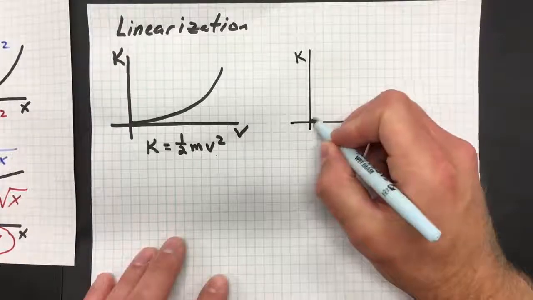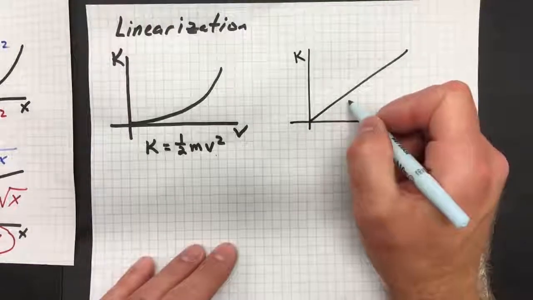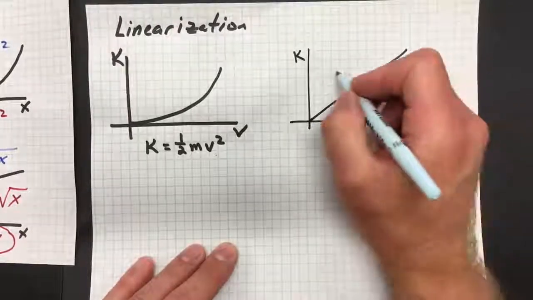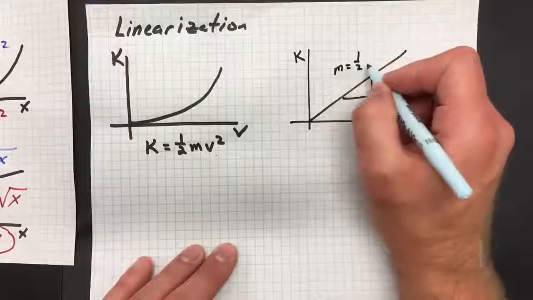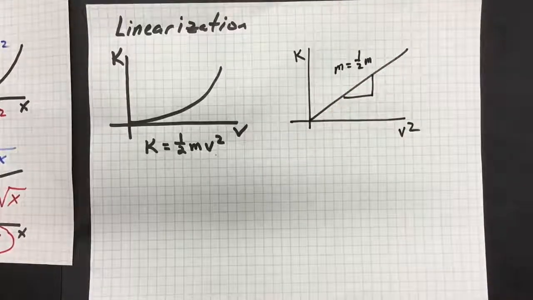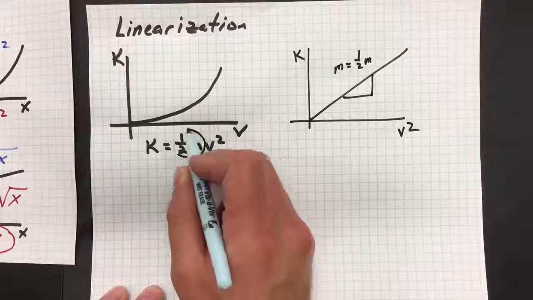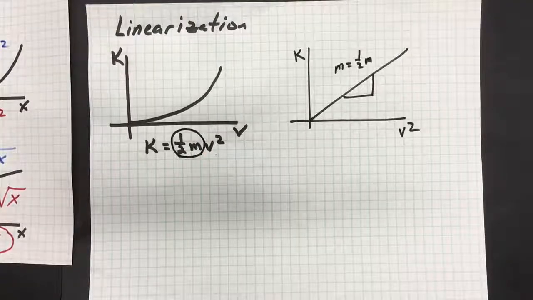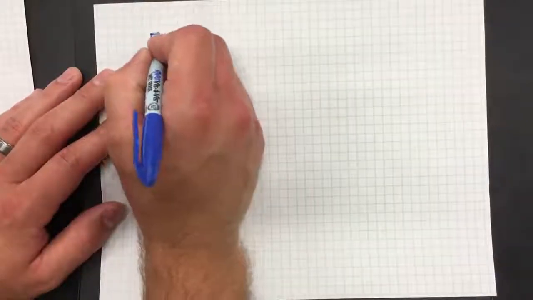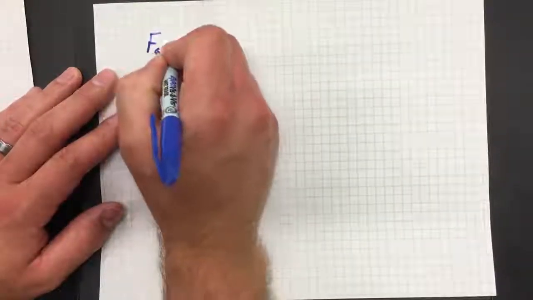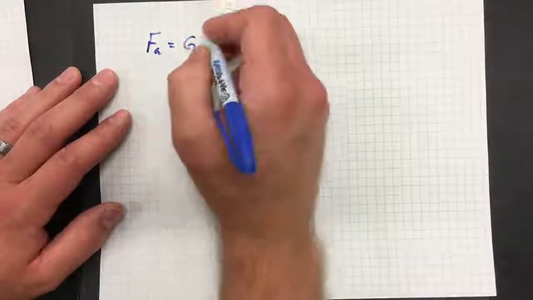Then if I graph that, I have a linear relationship, and the slope here is going to be equal to 1/2 of the mass. We can pick any equation off of our equation sheet, and we would have that same type of thing. Let's look at another equation. Let's look at our universal law of gravitation here.